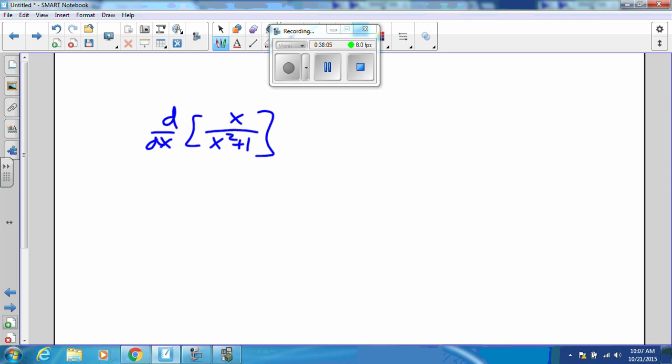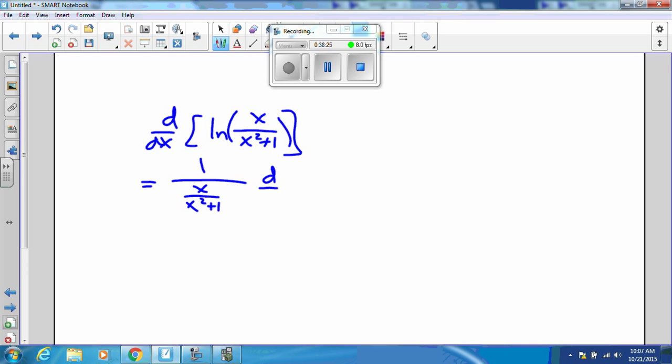Something like this. Nope, wrong. There. This is what we're going to do. One possibility is to take the derivative directly. The derivative of natural log is 1 over the inside, times the derivative of the inside.